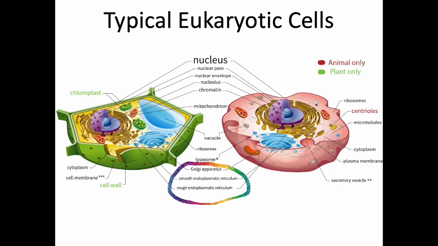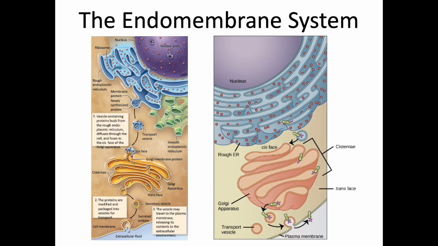Some proteins are just going to get made and then float in the cytoplasm as well. But again, it's a big place. We really need something that is going to package and distribute proteins to all the various different organelles and pieces and locations of the cell. That's what this endomembrane system is doing. Shipping, packaging, transport, and modification.